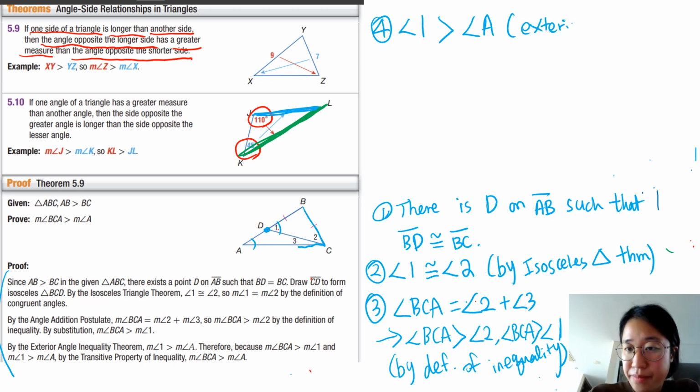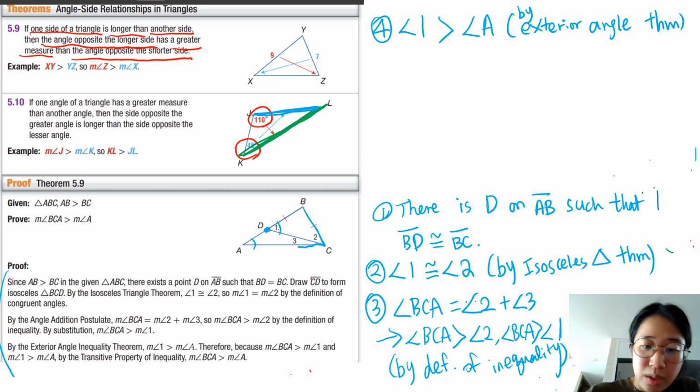Exterior angle theorem. Okay, by the exterior angle theorem. Angle 1 and angle A. Angle 1 is the exterior angle of the triangle ADC. It's the exterior angle, right? So we can say the angle 1 is greater than angle A.